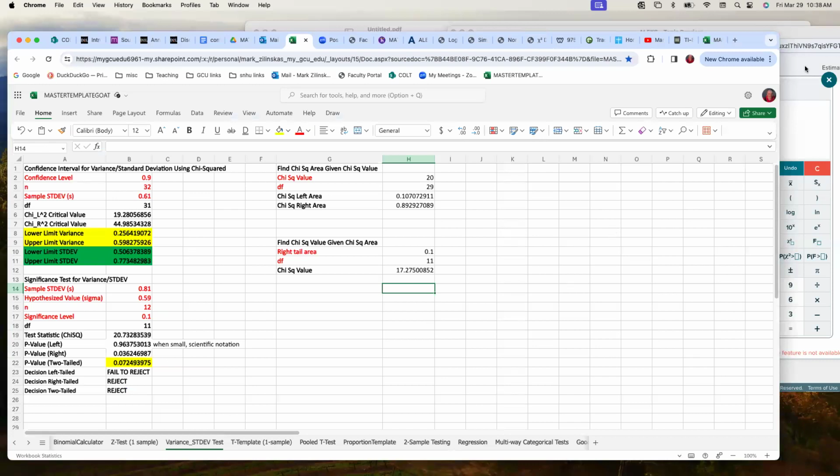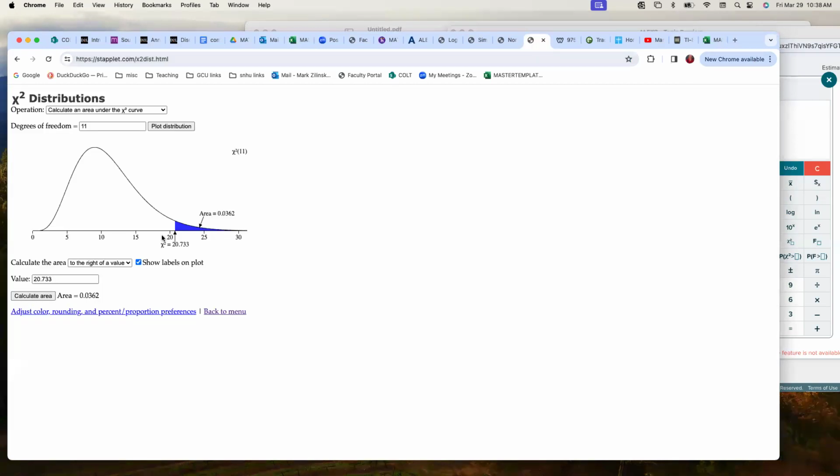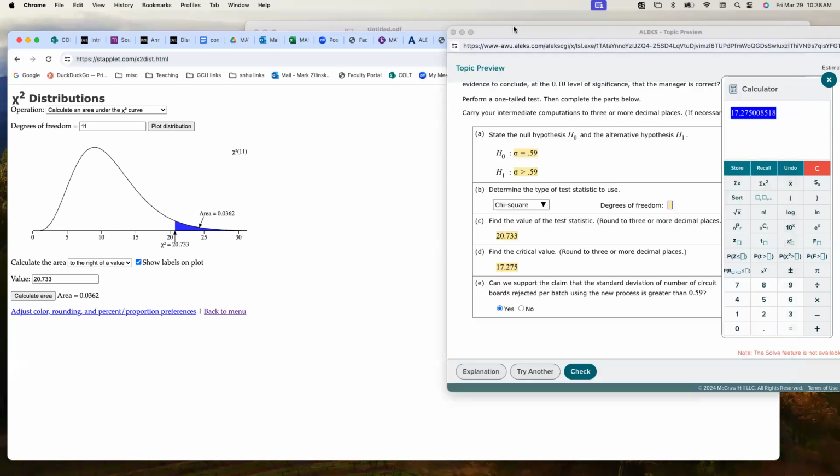So we knew right then when we typed that stuff in to definitely reject it, but using the technique over here, if I would have gone back to that 0.10 area, we knew that this area was going to be less than that.